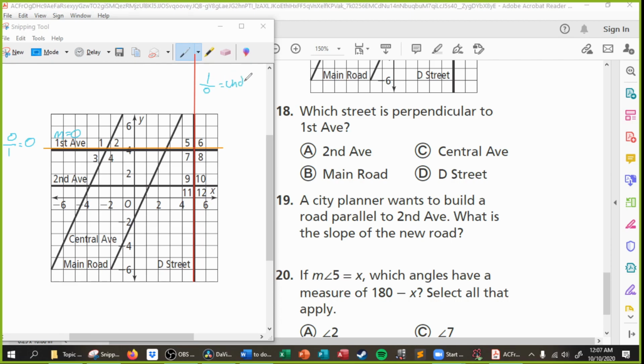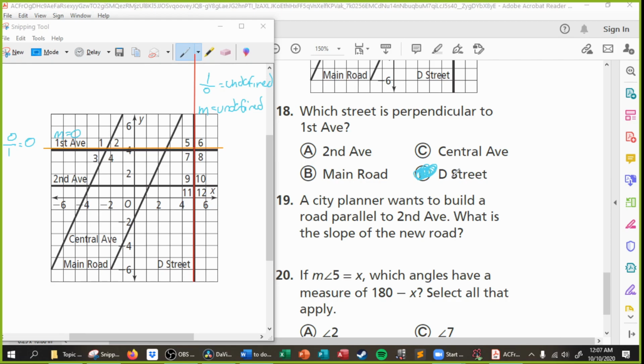So this is undefined, making this slope undefined. And in your notes, you automatically know that if a 0 slope and an undefined slope meet, they are perpendicular to each other. So First Avenue and D Street would be perpendicular to each other.